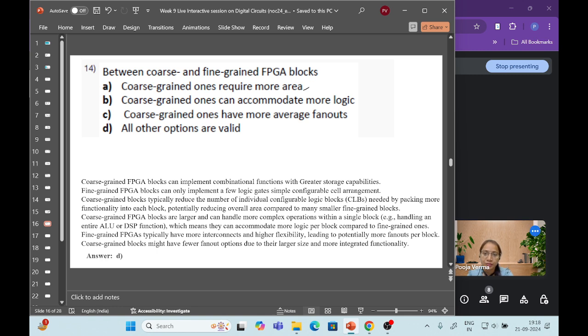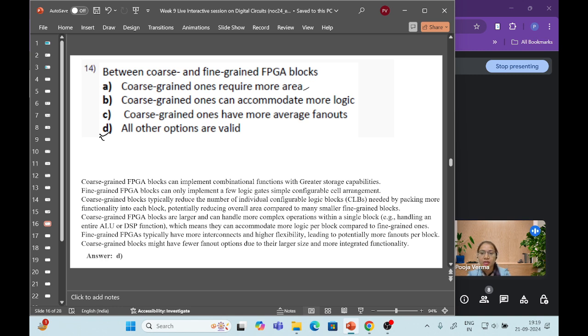In comparison to that, the coarse grained ones also have more average fan out, which means a more number of outputs. So here option D is the correct option. All other options are valid for this one.